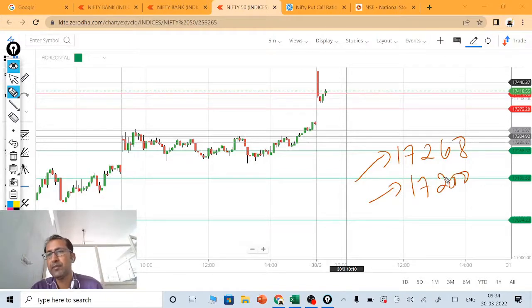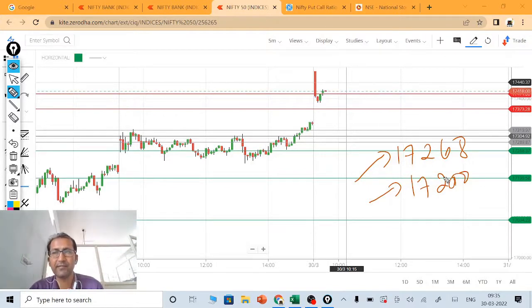Since there was a gap up today, markets are trading now in a small range. If they sustain, there is a chance that they can go all the way to this morning's high. The morning's first candle made a very big high, so they can go there.